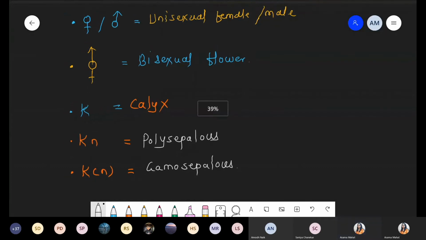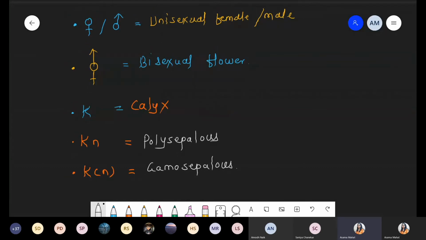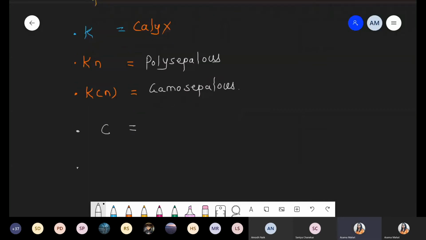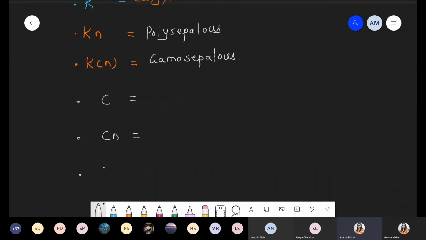Okay, so polysepalous represents free form, without fusion, and gamo represents fusion. Now quickly tell me if capital C is present, then Cn, and the third one, C inside the bracket N. So how do we represent?